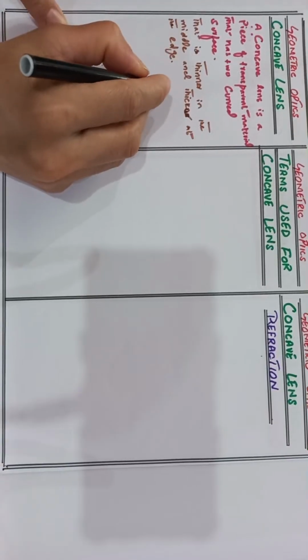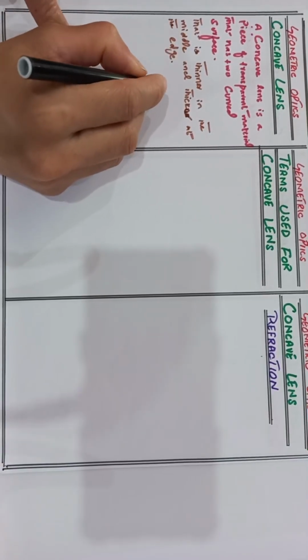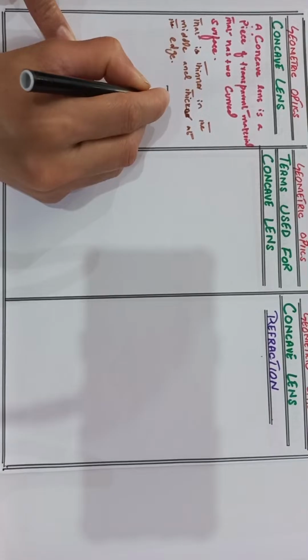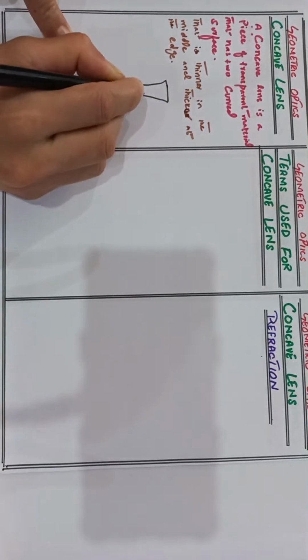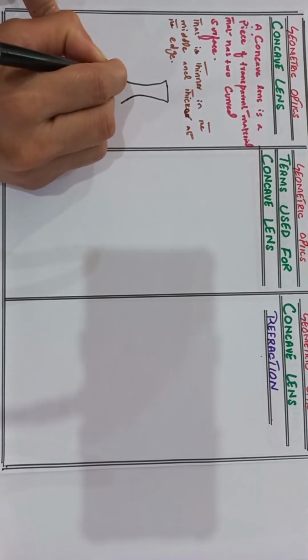So here we'll draw the diagram of the concave lens. Concave lens shape is such that it is thinner at the middle and thicker at the edge.